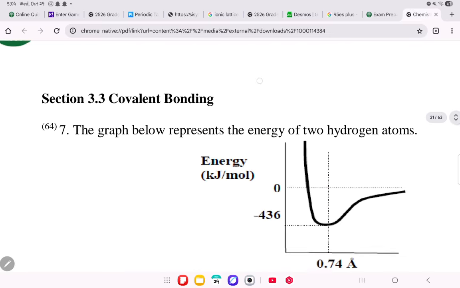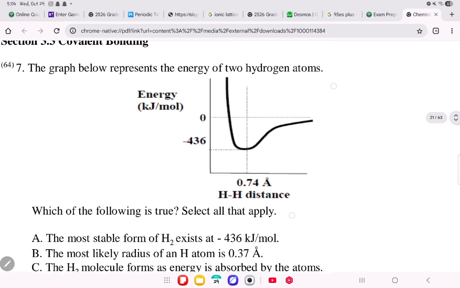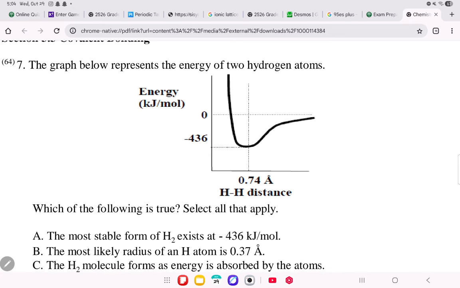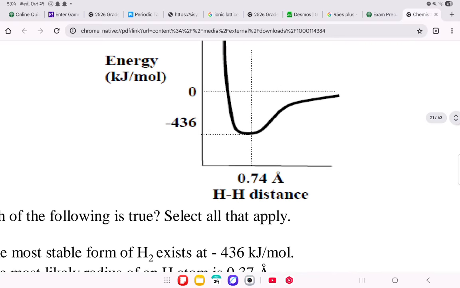We'll move on now to 3.3, question number 7. The graph below represents the energy of 2 hydrogen atoms. Which of the following is true? If we remember from the graph, on the x-axis we would have the bond length.